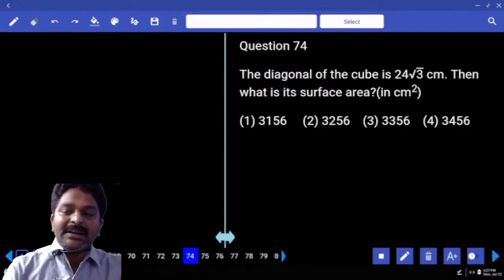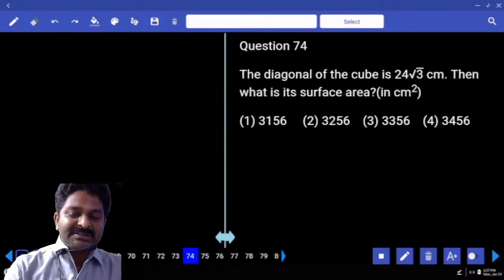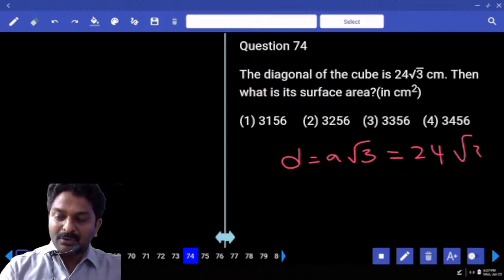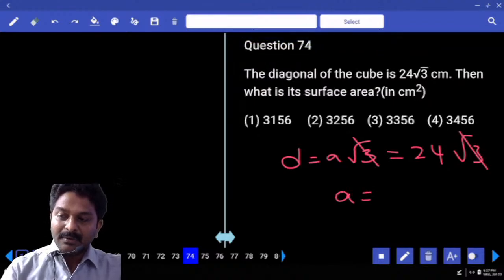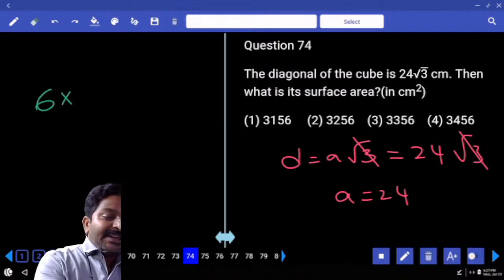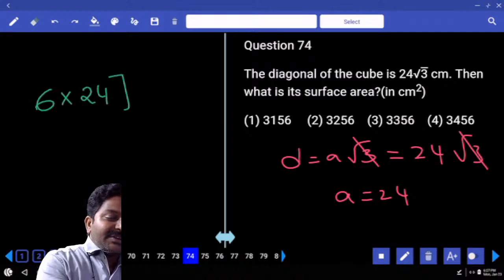The diagonal of a cube. What is the diagonal of the cube? a root 3. If it is equal to 24 root 3, a is equal to? Surface area, that means 6a square, that is 6 into 24 square.